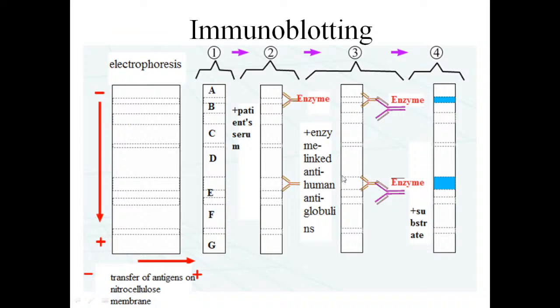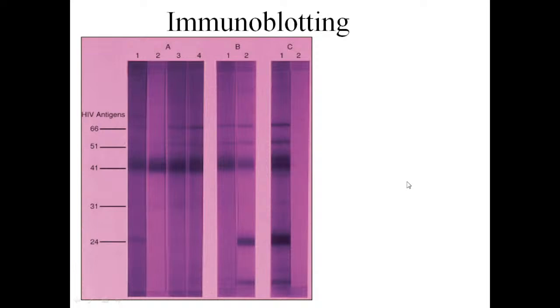It means that the patient's serum contains antibodies against the antigens that were placed here, for example, and here. Actually, in every strip, antigens must be placed. These are just examples. So we can say which antibodies were present firstly. This is a result of immunoblotting.